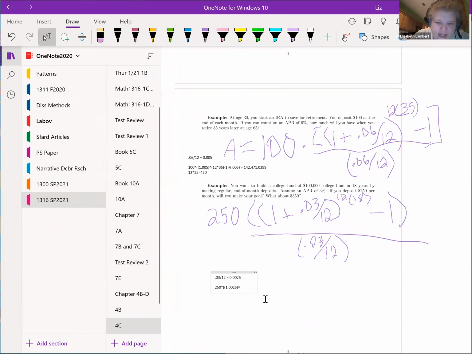We're going to raise that to the, open it so it keeps it all together, 12 times 18. And then we will subtract 1. And then we are going to divide that by 0.0025. Yep, not enough. We get 71,485. And that was even putting in a good amount. I mean, you're looking at 3,000 a year.